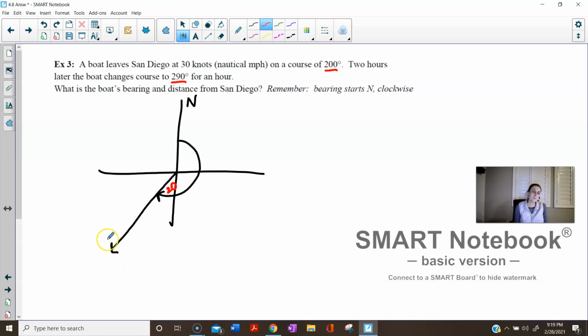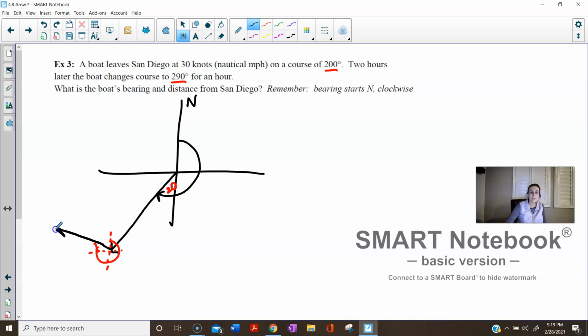So how you do this is when you're changing course from here, you would go around 90, 180, 270, and then 290. So that's where you change course. And now this boat is going in this direction.